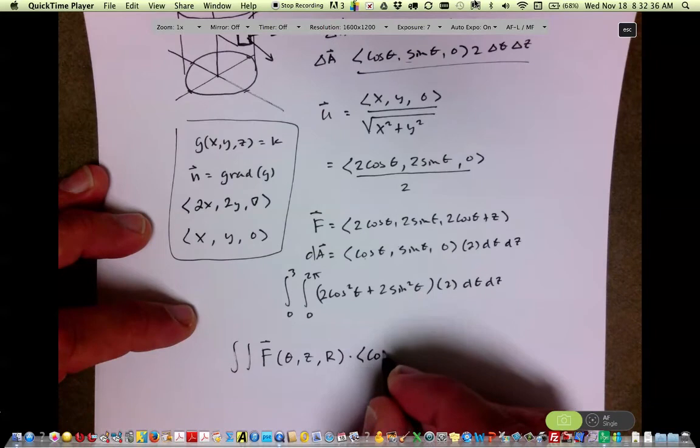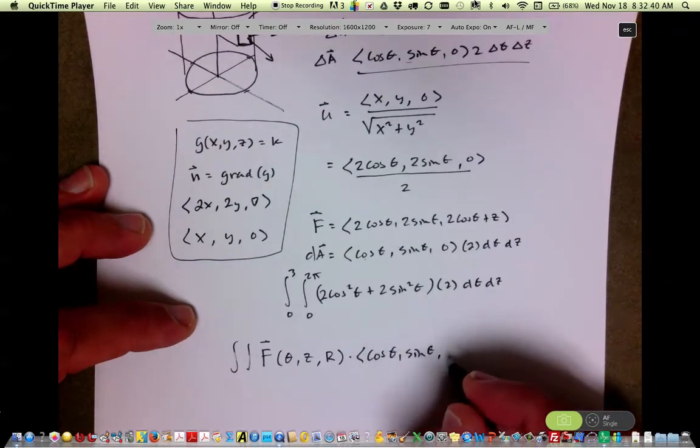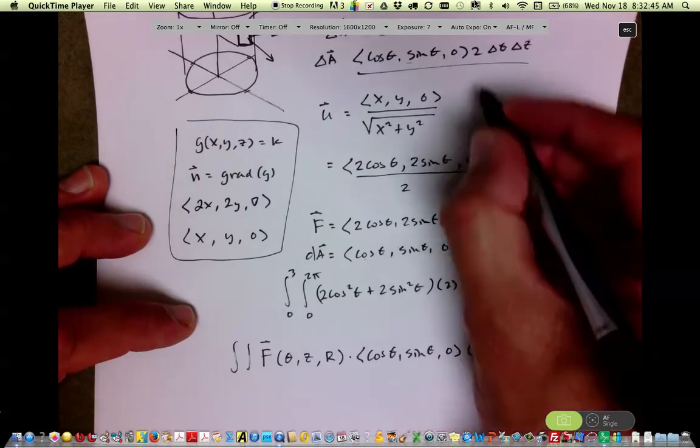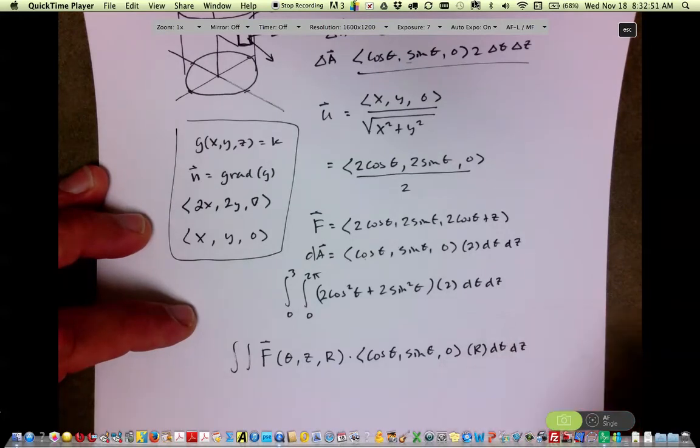It's going to be cosine of theta, sine of theta, and 0, and then times this number r, which is the radius, and then just d theta and dz.